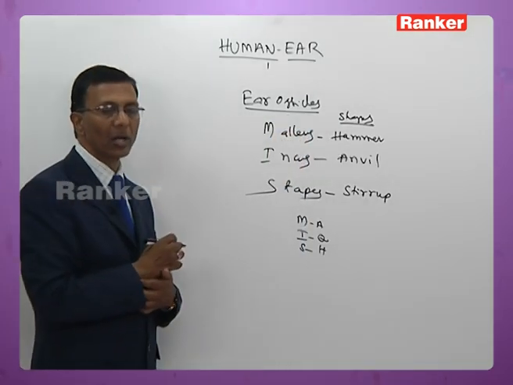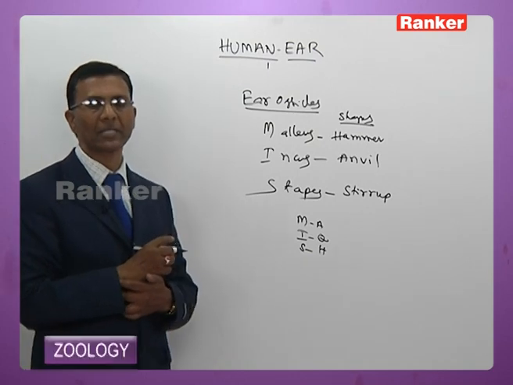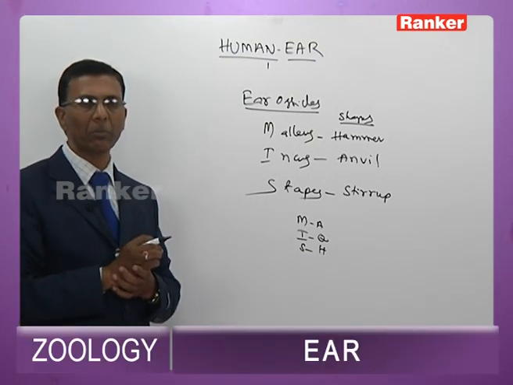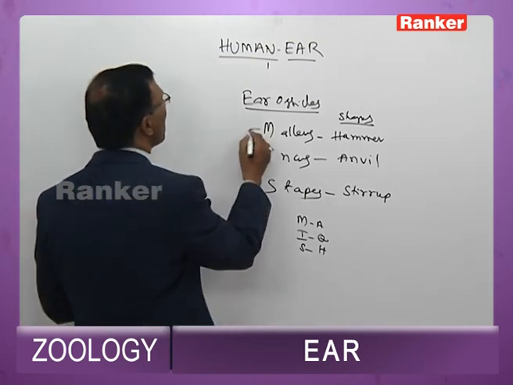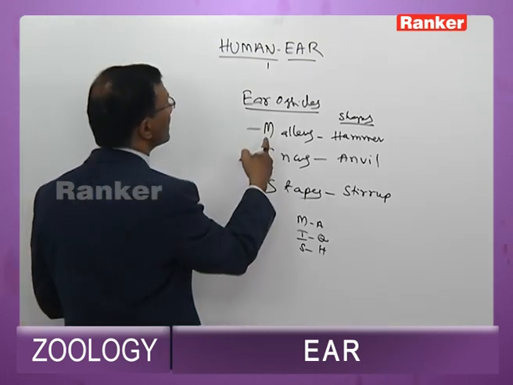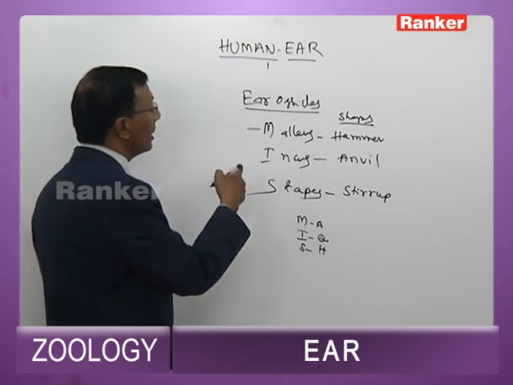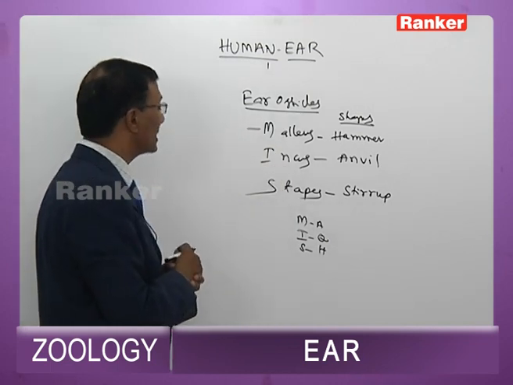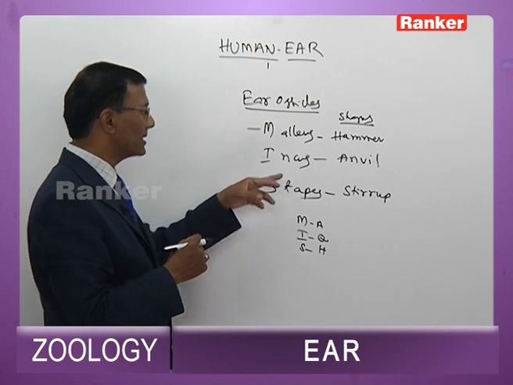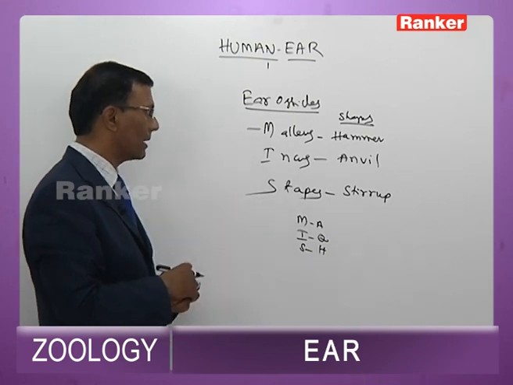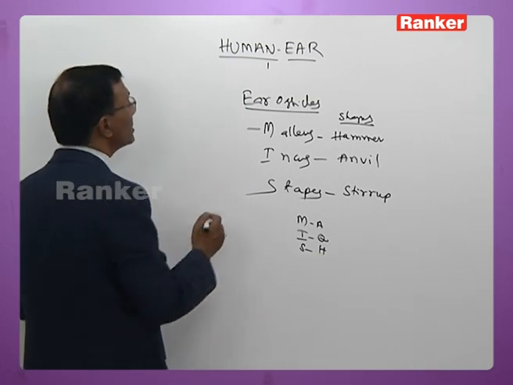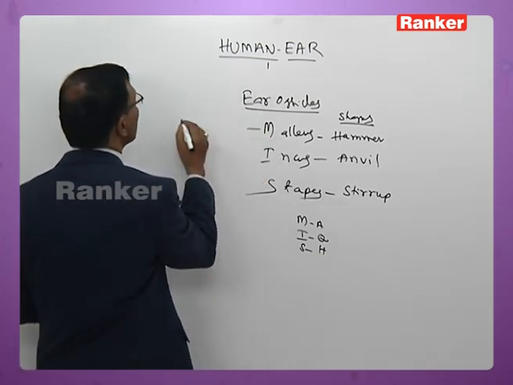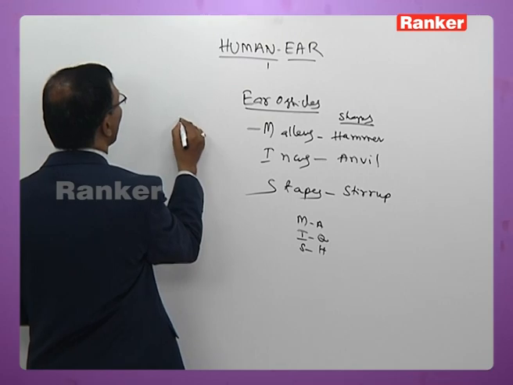Then regarding origin also, remember from the EAMCET point of view and other exams, origin is also important. I'll give a clue, dear students, to remember this. The malleus originates from the quadrate bone.